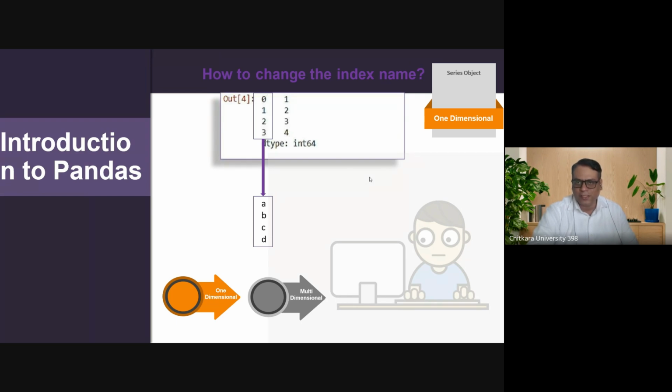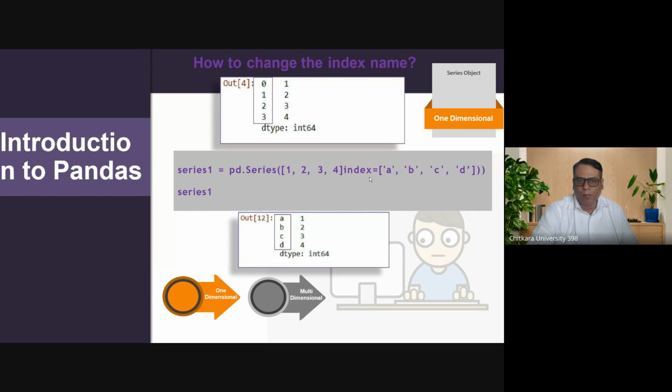So how do you change the index name? As you know, in Python, each value is stored with an index value starting from 0. So you need to change these values. With the help of the series object, you can change the labels or index to values like A, B, C, D. This is the example. We create a variable series1 with the help of pd, which is a short name for pandas.